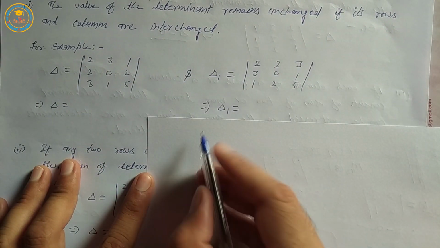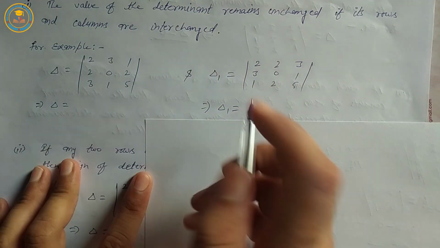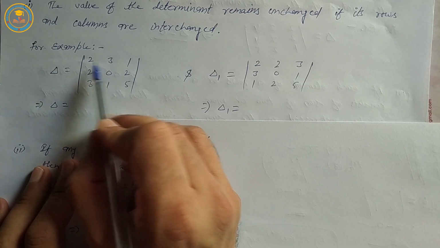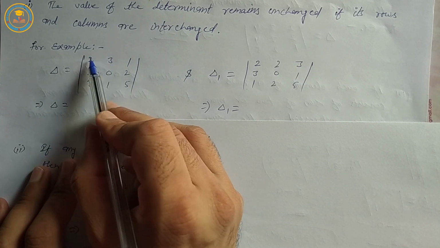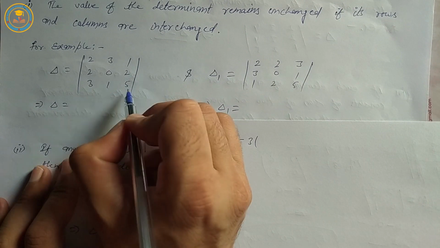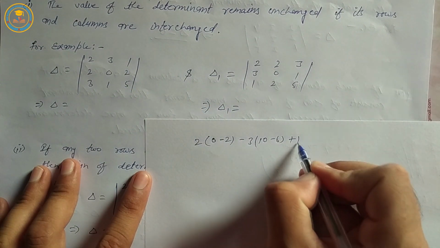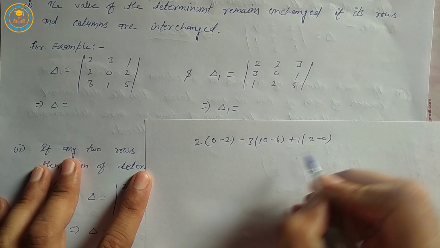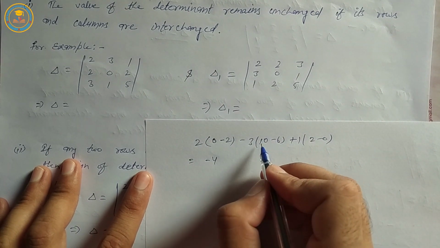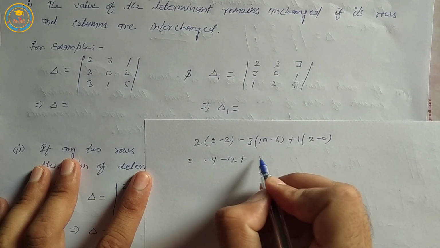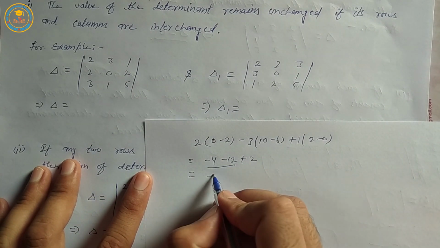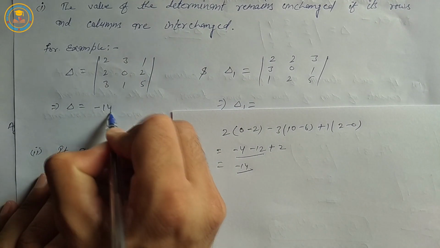Value of delta is equal to, on expanding along R1, 2 into, leaving the corresponding row and column of element 2, 0 minus 2 into 5, that is 10 minus 6, plus 1 into 2 minus 0, which is 2 into (0 minus 2) minus 3 into (10 minus 6) plus 1 into 2, is equal to minus 4 minus 12 plus 2, minus 16 plus 2, which is minus 14. It means delta is equal to minus 14.